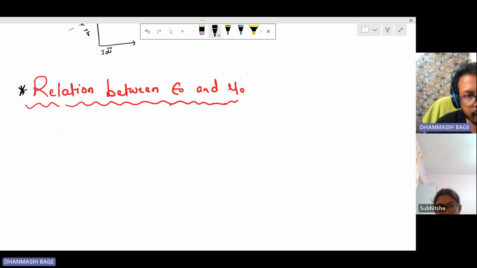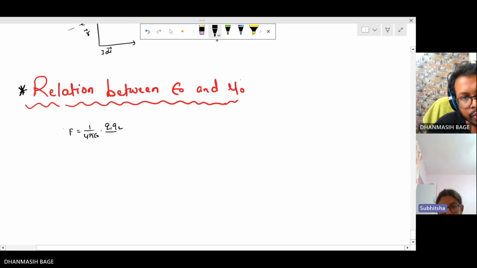So just see, if I multiply epsilon naught and mu naught here. But before that, let's see, what is the Coulomb's force? Coulomb's force is 1 by 4 pi epsilon naught q1 q2 by r square, right?